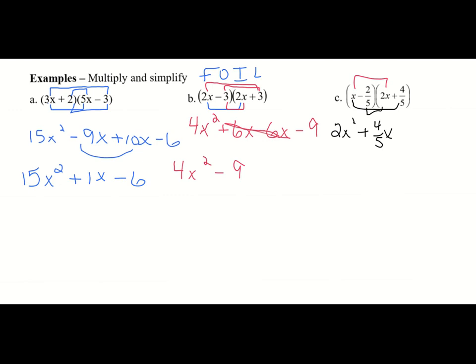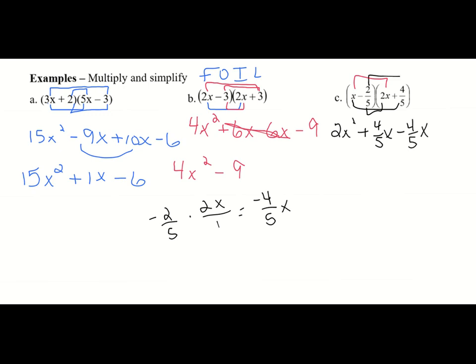Then negative 2/5 times 2x. I'm going to do a little work down here. Remember, think of that 2x as being over 1. So our final answer here is going to be negative 4/5 x.